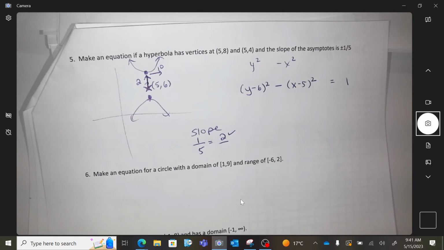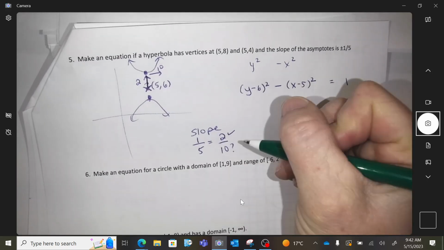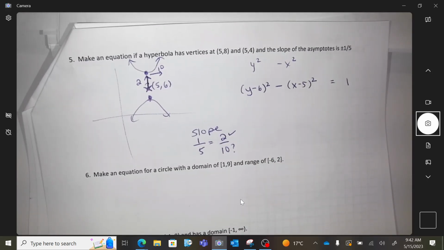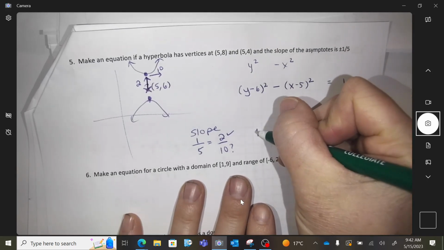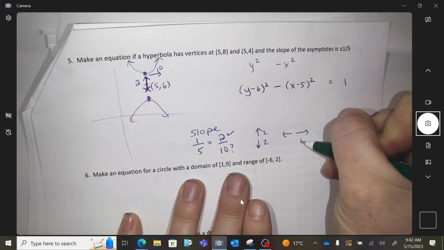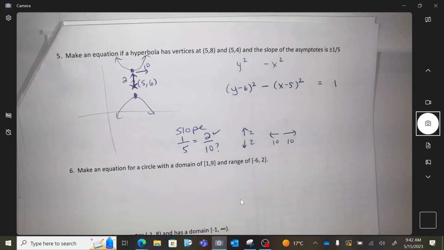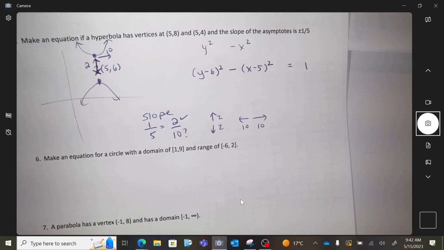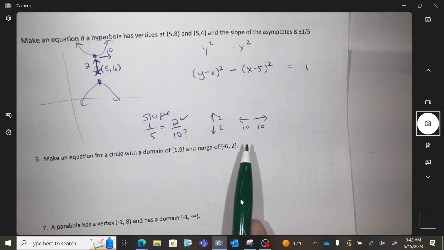I didn't go up 1. So if I go up 2, that means I would have had to go over 10. Okay, so this is what happened. There's your 1/5 slope, because I gave it to you reduced, so you did a 2/10.